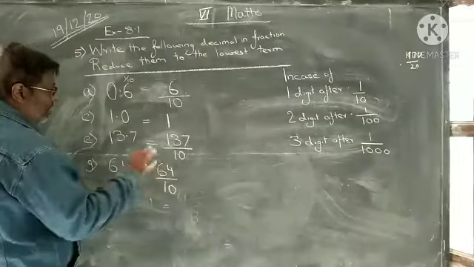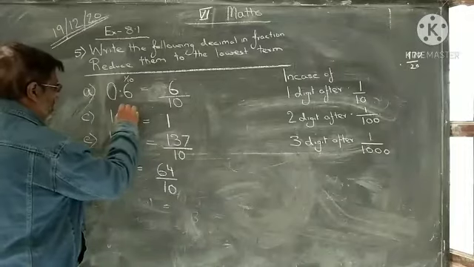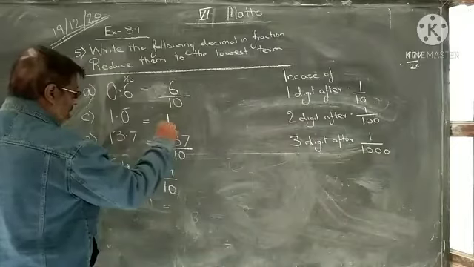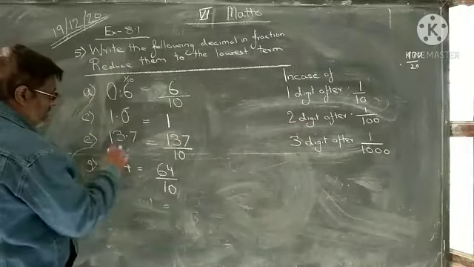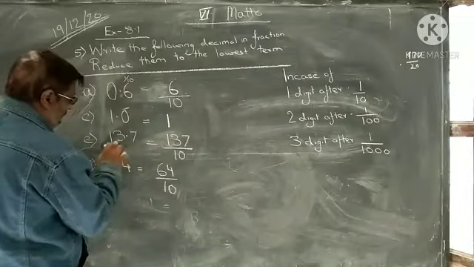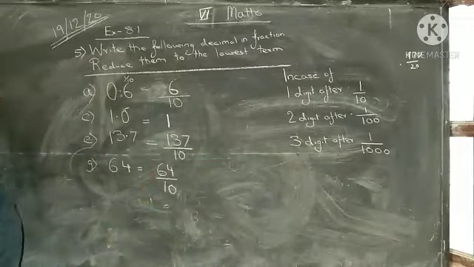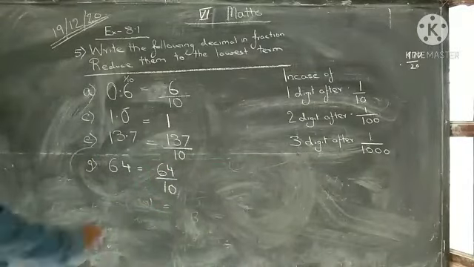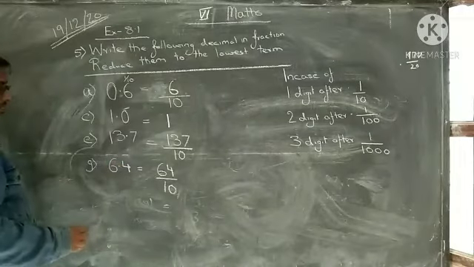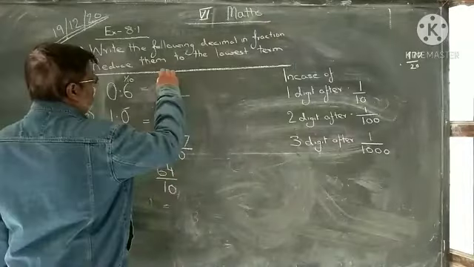For 1.00, we all know there is no value after the point; we don't take this, so it will only be 1. 13.7 will be 137 by 10. 6.4, we will write it as 64 by 10. Now this is the fraction.